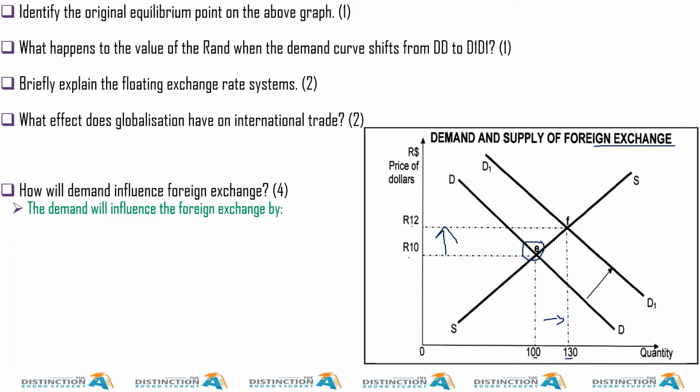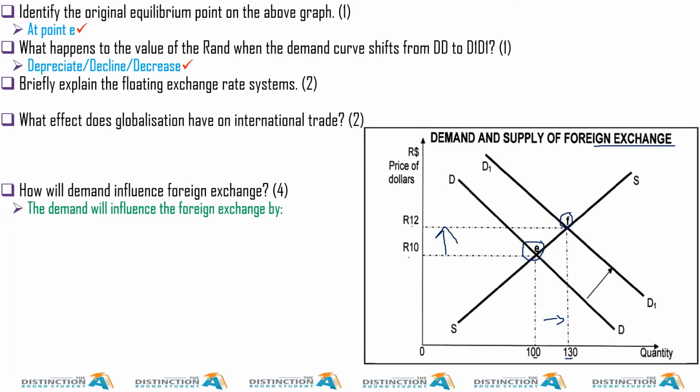And this could be as a result of so many things, but one of them could be that we are importing more than we're exporting. Right, identify the original equilibrium point. That will be point E. I've said it already. What happens to the value of the rand when the demand curve shifts from DD to D1? The rand will depreciate, the rand will decline, or the value of the rand will decrease.